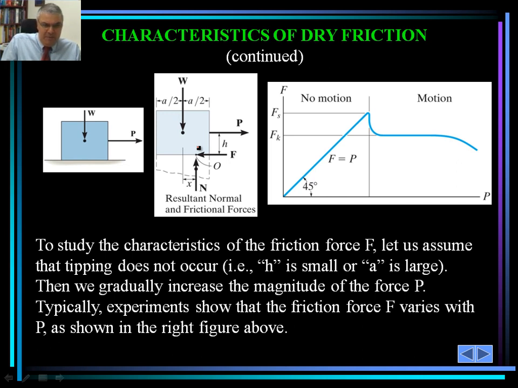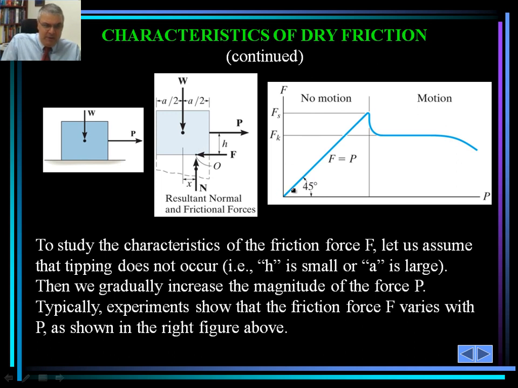So we are going to set up the experiment in such a way that there will be no tipping, and then we are gradually increasing the magnitude of the force P for the same reasons that I just described, because we do not want to produce any kind of inertial forces, since we only want to study friction. So we need to make sure that we follow these two rules before we can run the experiment. So this experiment shows the curve that you see here on the right hand side.